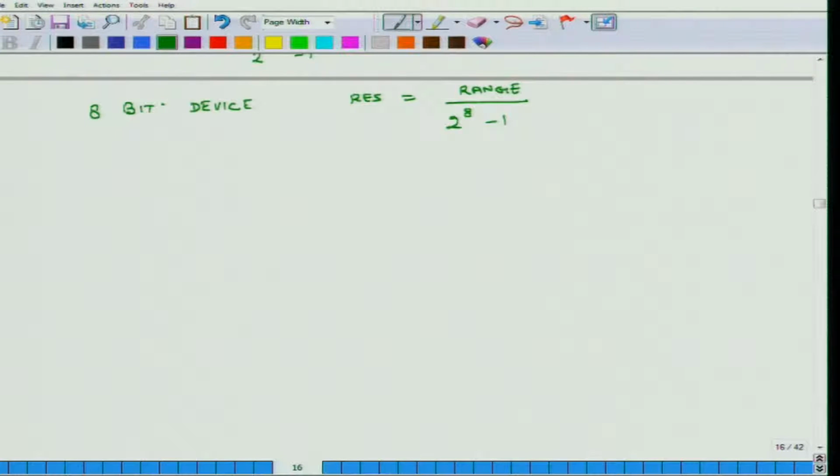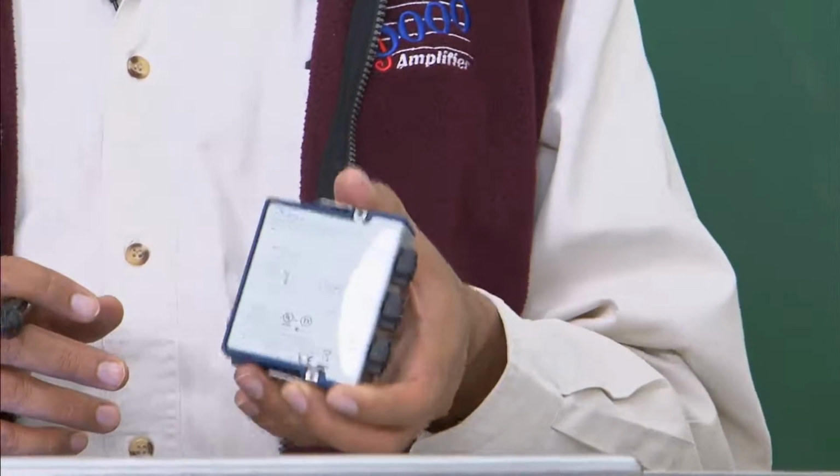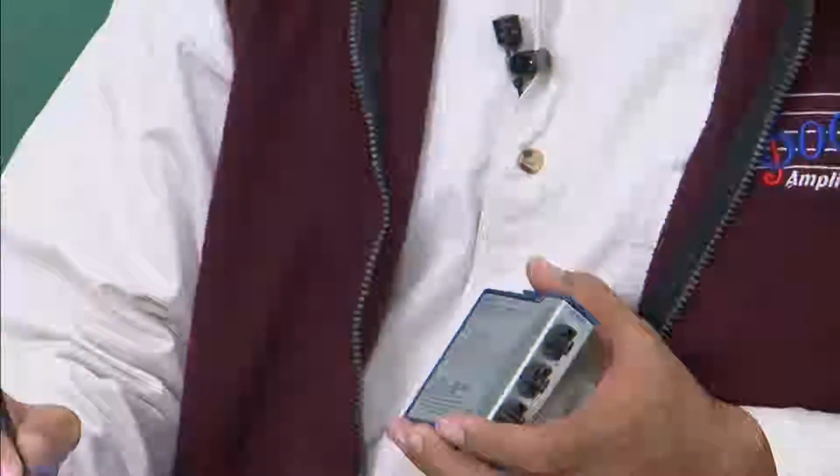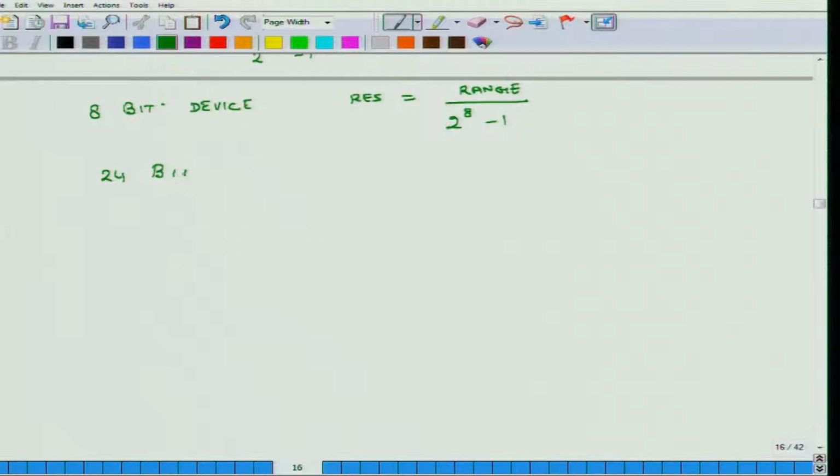Okay. Now, I have an A to D converter here. This is a 24-bit device. So, for a 24-bit device, its range, it says, is plus minus 30 volts. So, that means its range is 60 volts.